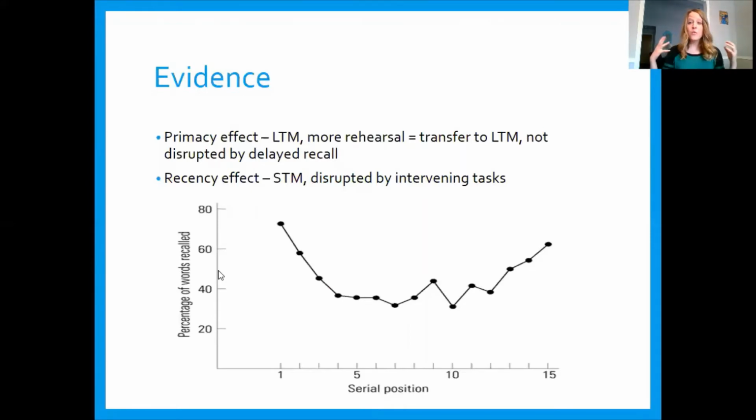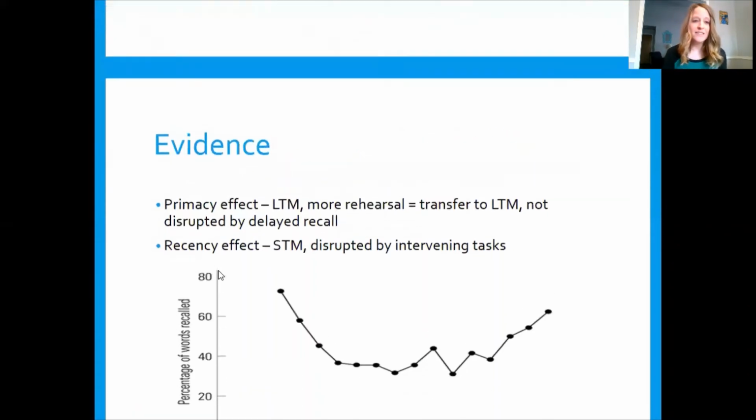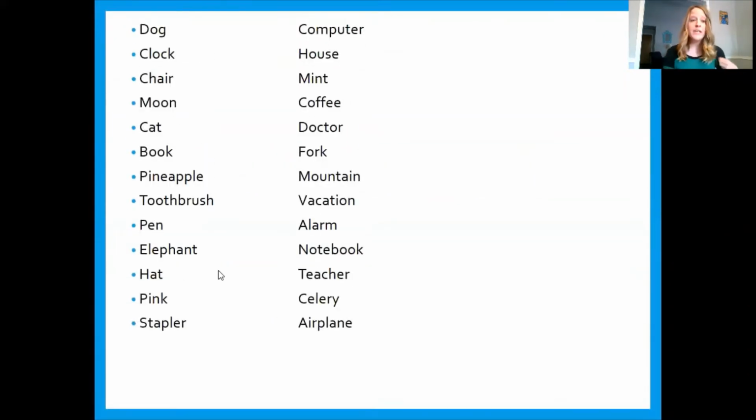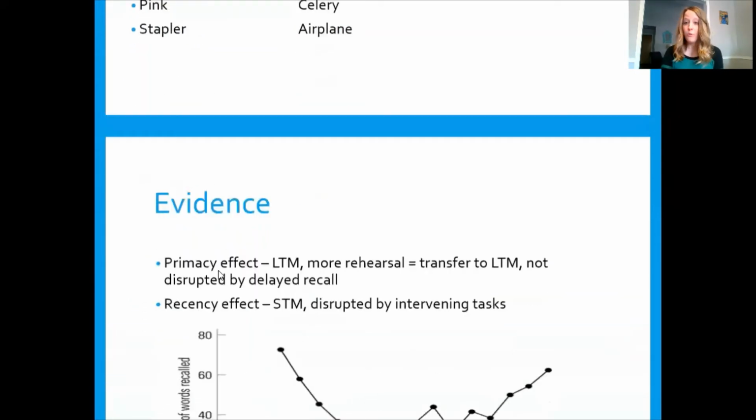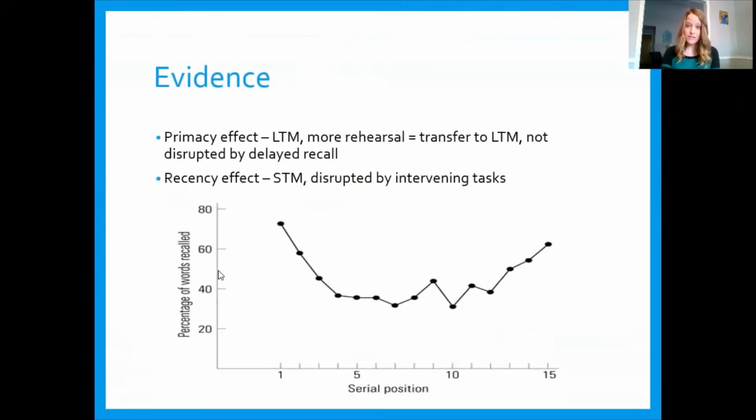And so we have facilitated performance for these words at the beginning of the list because they have been transferred to long-term memory. And so that long-term memory is facilitating performance. So the idea is that if we had this list before, we are repeating dog, clock, chair a lot more frequently than we are other words on the list. And so we're having better recall performance for those words.